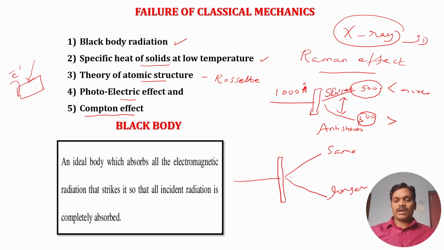Whereas in the Compton effect, some components have wavelength same as incident, and some components have wavelength slightly longer than incident. The difference between these two, the same wavelength and the different wavelength, is the Compton shift. We can discuss these two concepts in terms of frequency or in terms of wavelength. But still, they are quite interesting concepts.